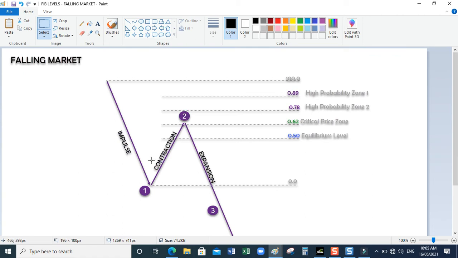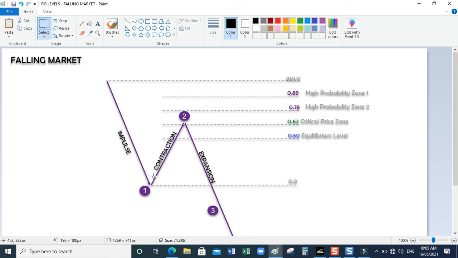So price is going to retrace upward. And I told you that Fibonacci is all about impulse and contraction. Impulse is the actual trend, the original trend, while contraction is a counter trend, a correction of the main trend.